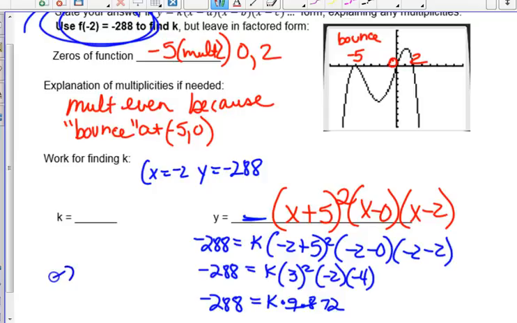So if I take -288 divided by 72, I get -4. So there is a -4 out here.